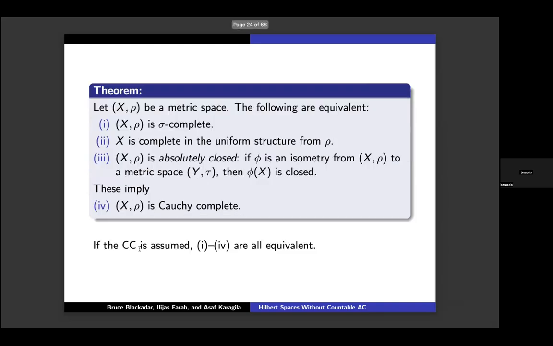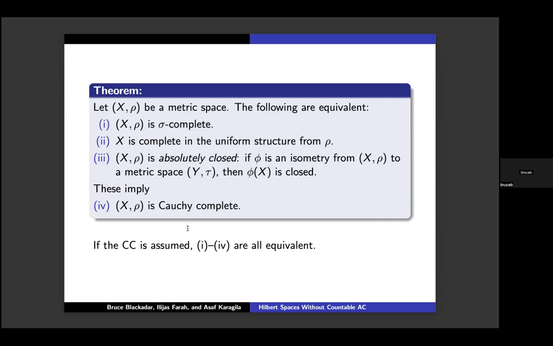And it turns out that this is equivalent to X being complete in the uniform structure defined by the metric. And it's also equivalent to the metric space being absolutely closed in the obvious sense. And it implies Cauchy completeness, but it's not equivalent without the countable choice. If you do have countable choice, then these conditions are all equivalent.